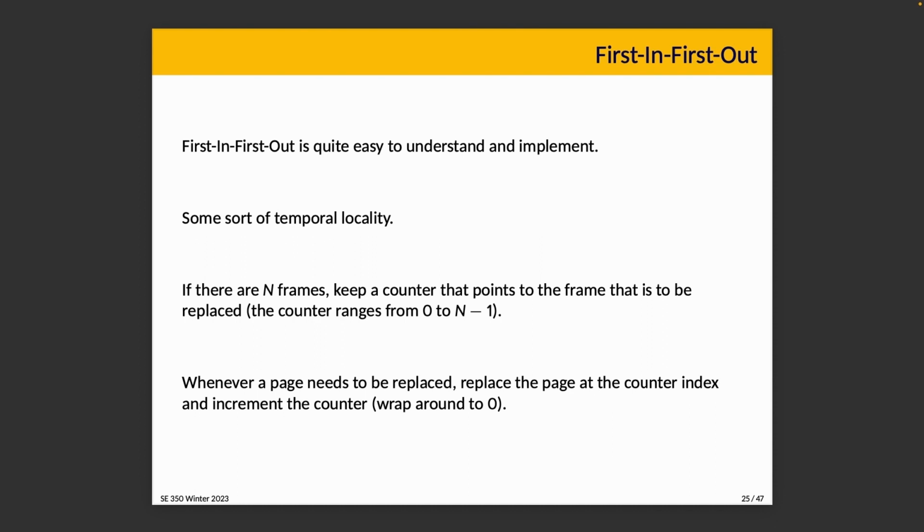So first in, first out is somewhat easy to understand and implement, and it does provide some sort of temporal locality. If there are n frames, we just have a counter that points to the frame to be replaced, thinking of it as like a linked list or a circular buffer or something like that. And whenever a page needs to be replaced, we replace the page at the current index, increment the counter, and just wrap around to 0 when we get to the end.